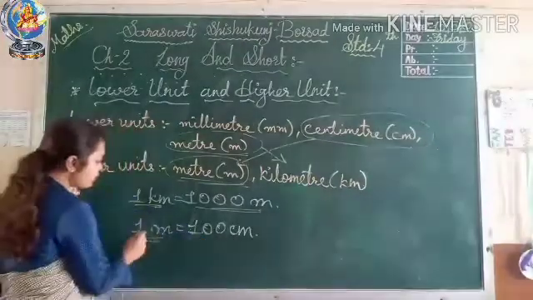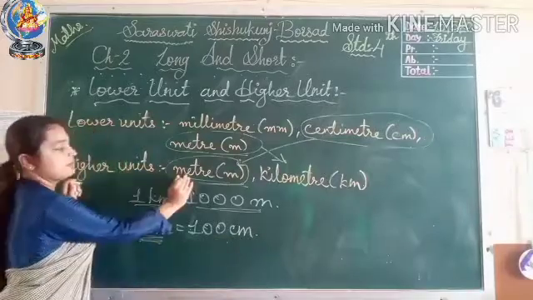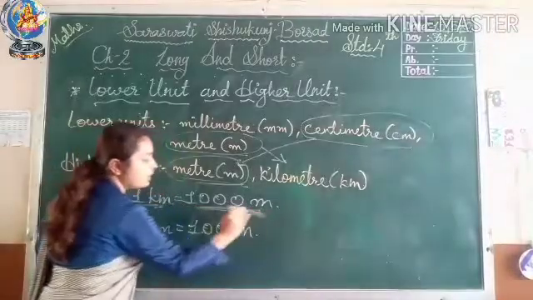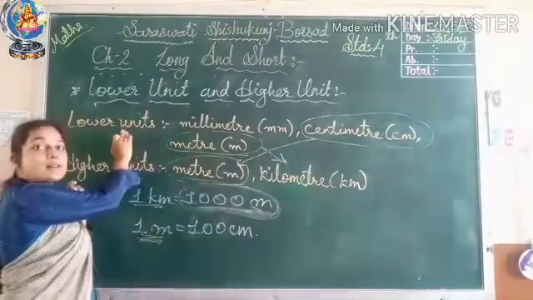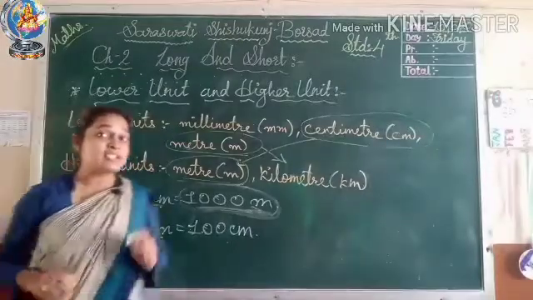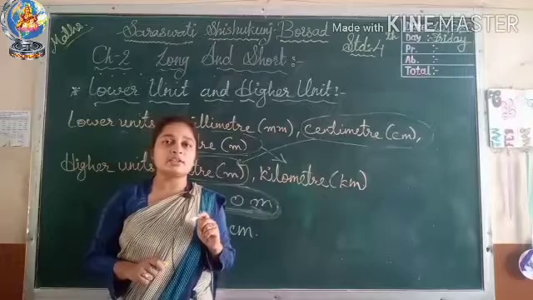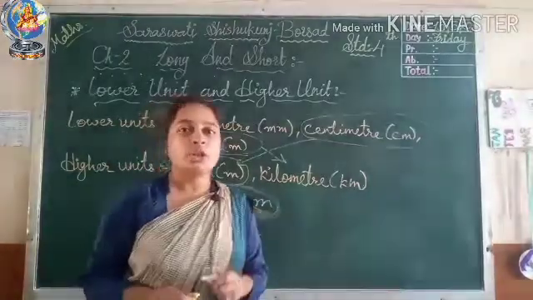So when you convert meter into centimeter, at that time meter is the higher unit, and when you convert kilometer into meter, at that time meter is the lower unit. With this we have to learn to convert lower unit to higher and higher unit to lower.